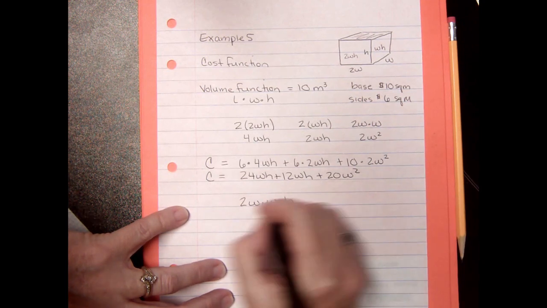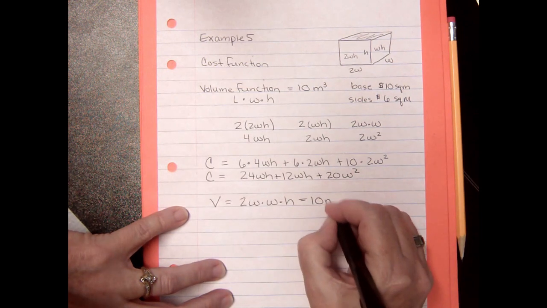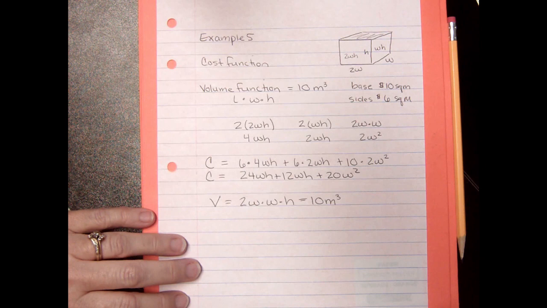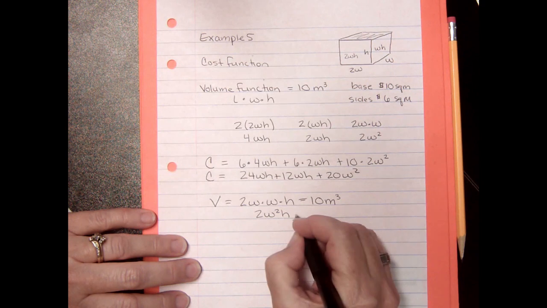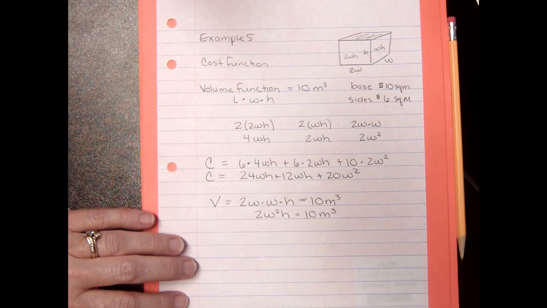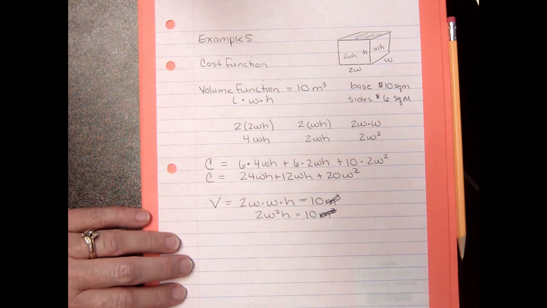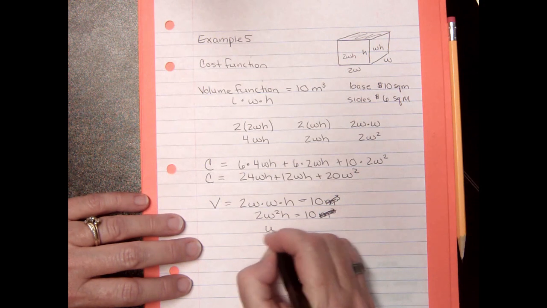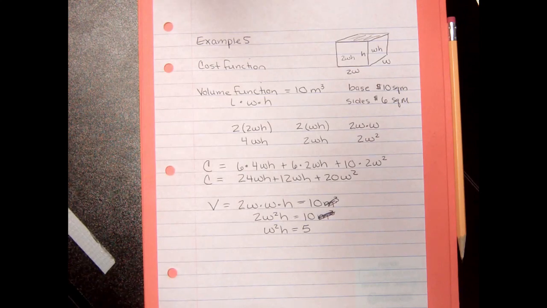And they tell us that that volume is equal to 10. Oh, sorry, I don't want the meters cubed in there. That's our measurement. We don't need that for now. Okay, and then if I simplify it a little further, we have W squared H equals 5.